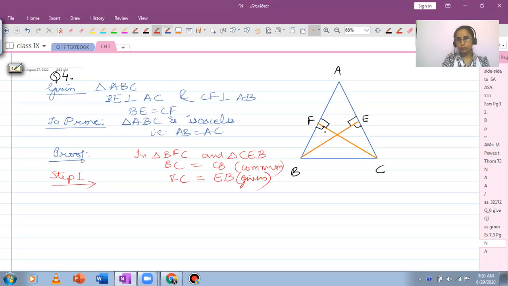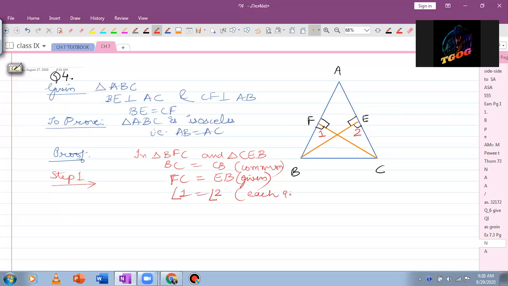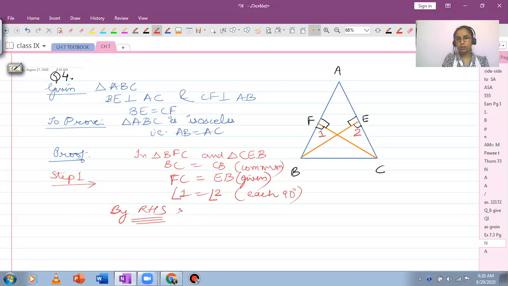And then the third thing we're using is the right angle. I'm going to number them so that it's easier. Angle 1 and angle 2 are also equal from the two triangles. This is what's actually important here. By the RHS rule, we are proving the congruence: triangle BFC is congruent to triangle CEB.